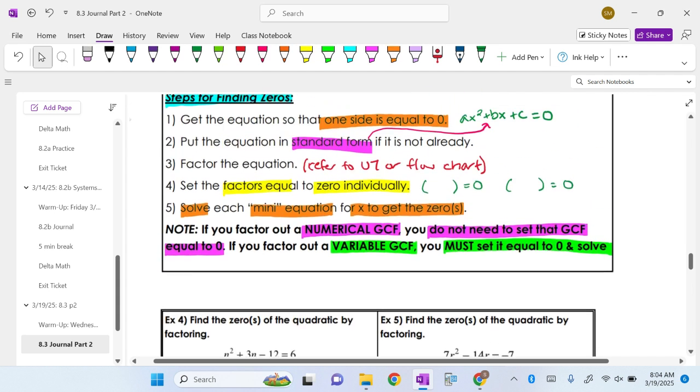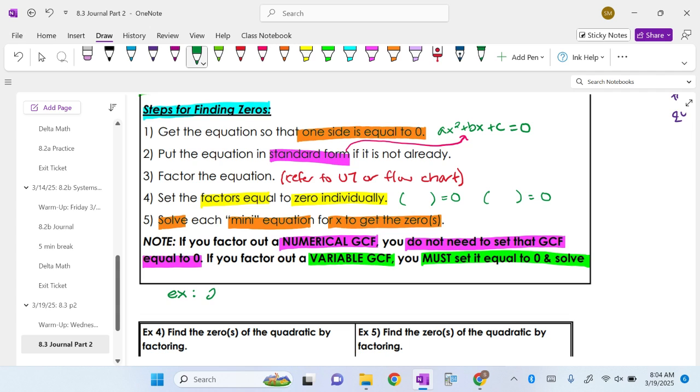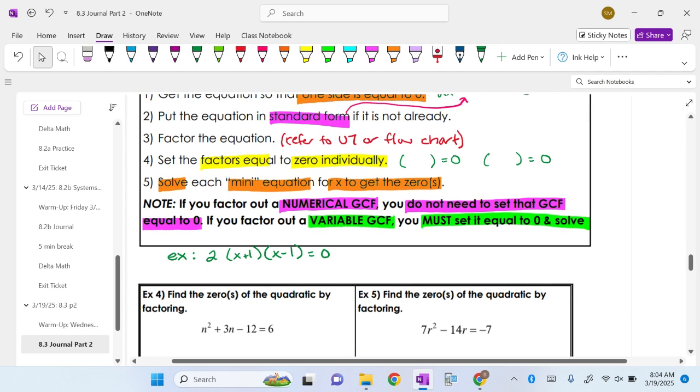All right. So a quick example would be, let's do two little quick examples. Say I factored an equation, I got 2 times (x plus 1) times (x minus 1) is equal to 0. That was after I factored.